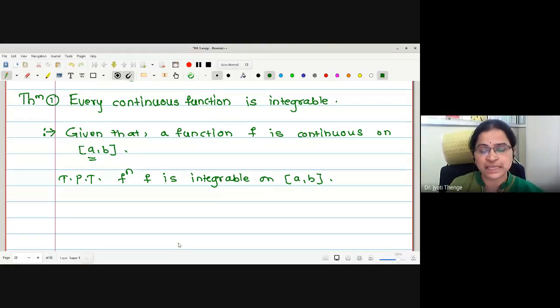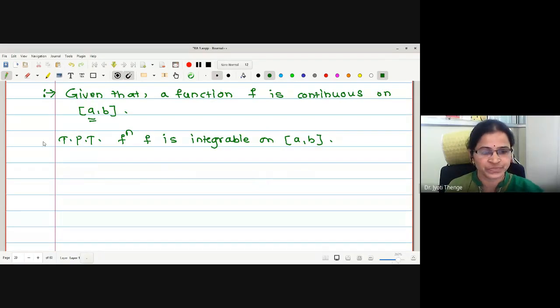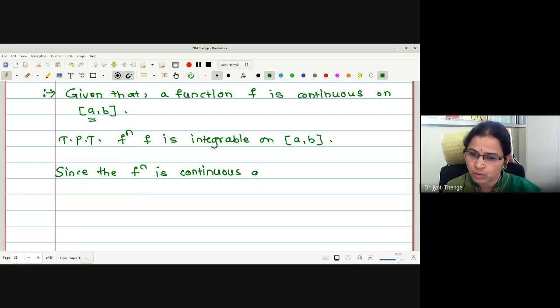Now we are using this property and we are writing the definition of uniform continuity. Since the function is continuous on closed interval AB, the function is uniformly continuous.